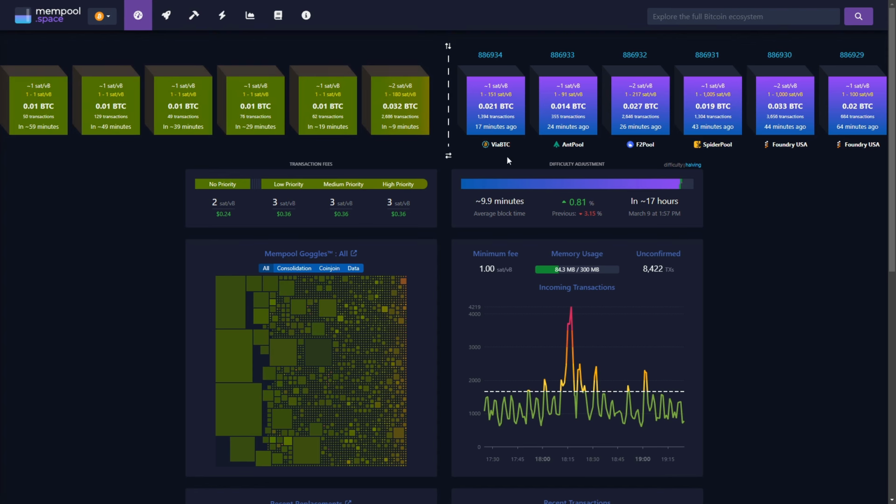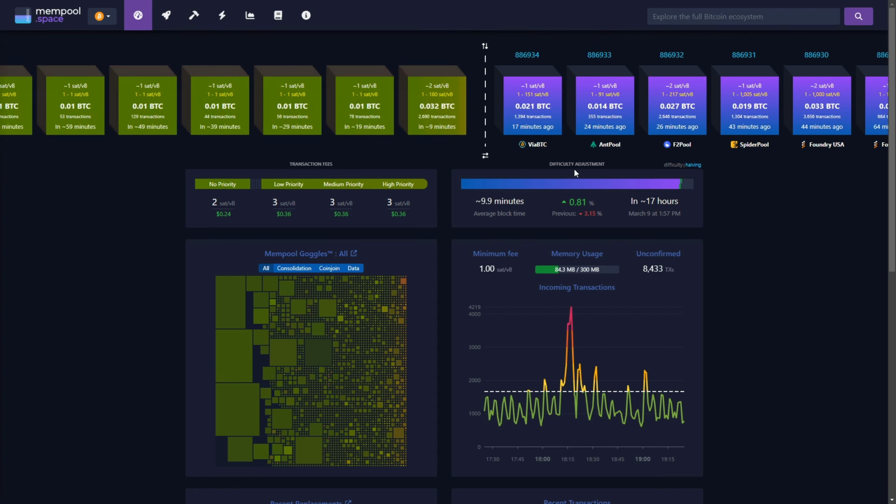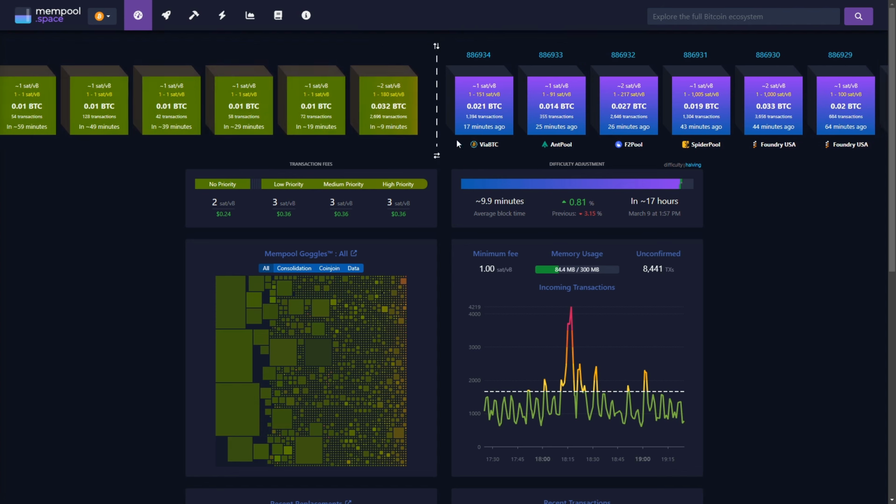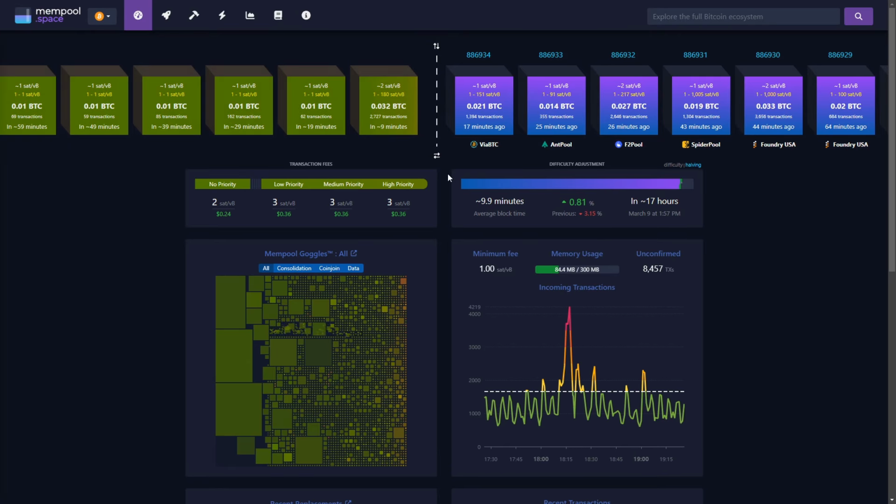And that's just by chance. It's just unlucky, but it happens once in a while. But after the entire 2-week period is over, it usually comes down to around 10 minutes on average. That's the goal, is 10 minutes.